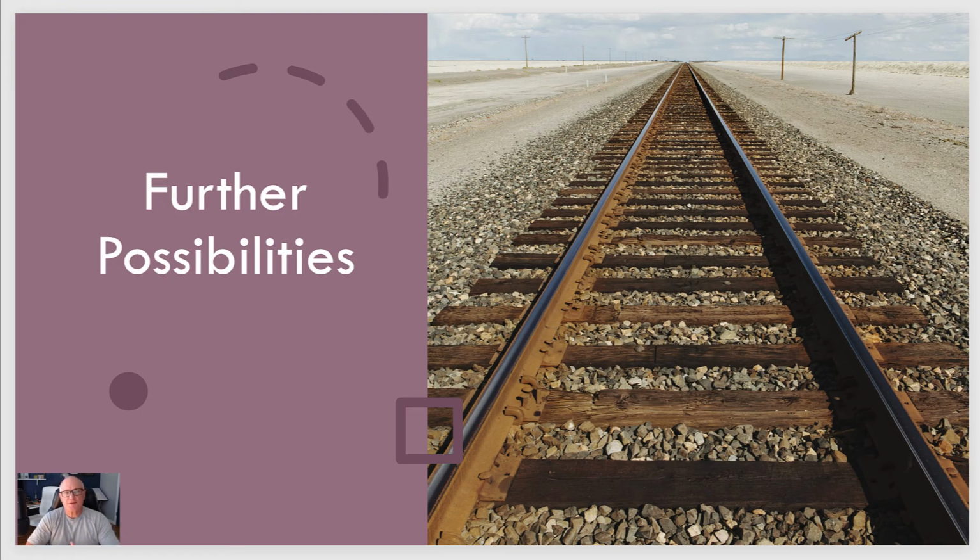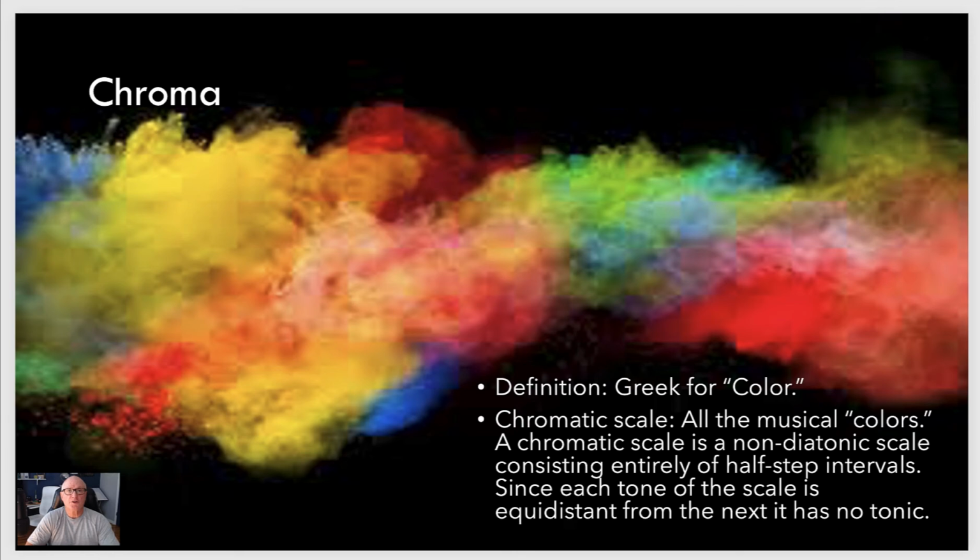Then we've got some further possibilities with all this crazy stuff. And one of the fun things about this is we're not going to limit ourselves to diatonic intervals. Music would be horribly boring if we did that. So what we're going to do is use chromatic notes. It comes from the Greek word chroma, which means color. And the chromatic scale is all the musical colors, if you will.